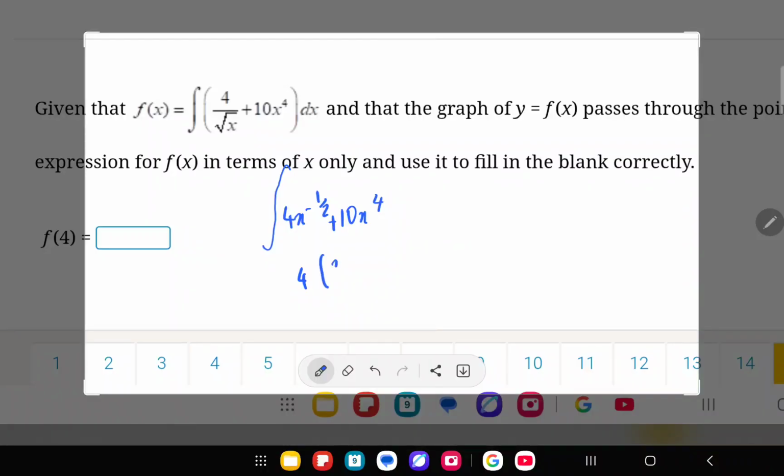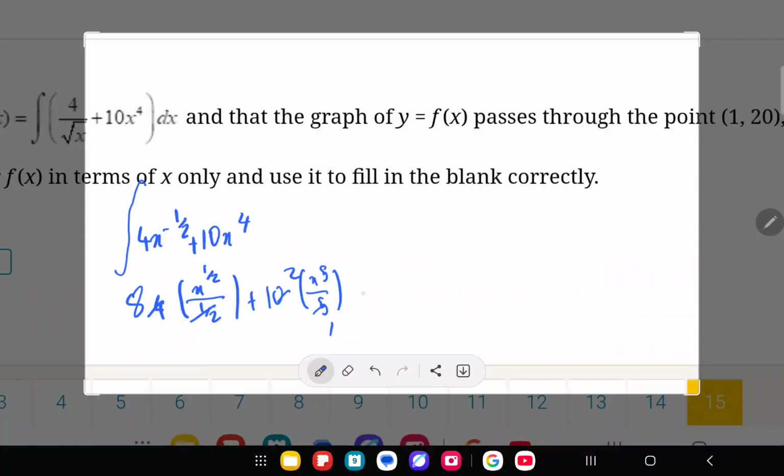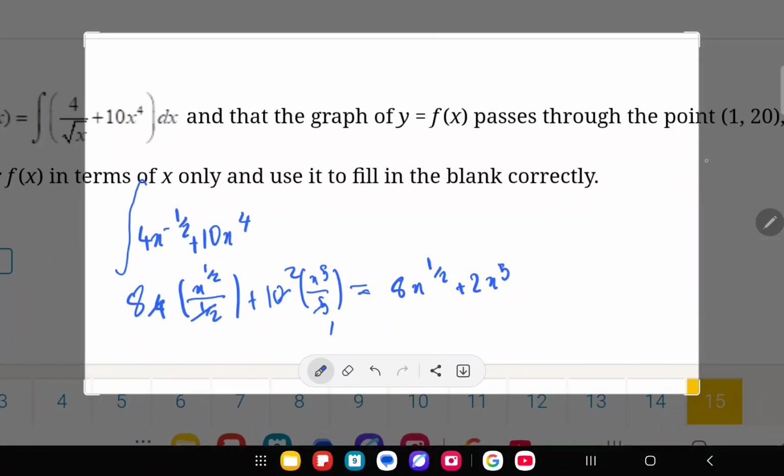So 40x minus 3 over 2 over... oh, I accidentally subtracted by 1. It's supposed to be 1 over 2 simply, because minus 1 over 2 plus 1 is 1 over 2, over 1 over 2, plus 10 x power 5 over 5. And then you get 8x to the half plus 2x to the 5.